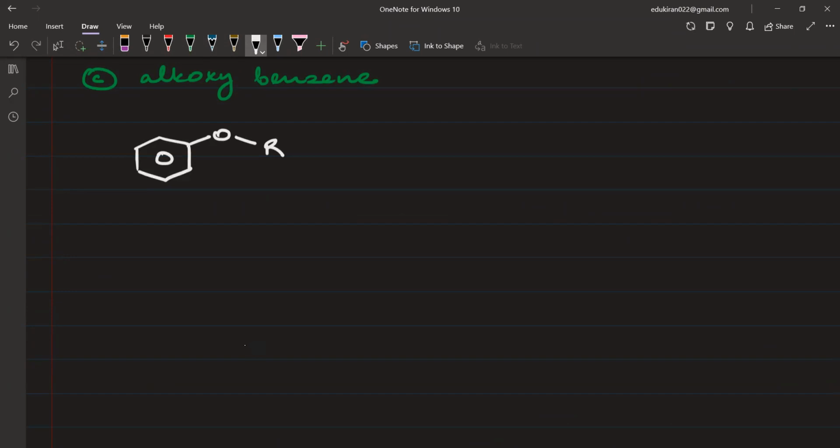Now, in cleavage of the C-O bond, one of the bonds can break. Either this blue bond will break or this red bond will break. Tell me which is easier to break, the blue or the red? Which C-O bond is easier to break? Blue or the red one?